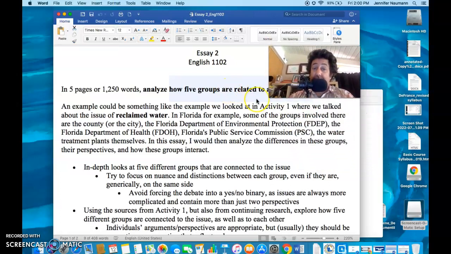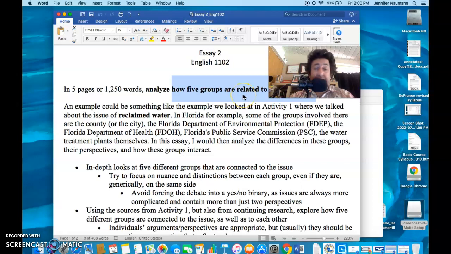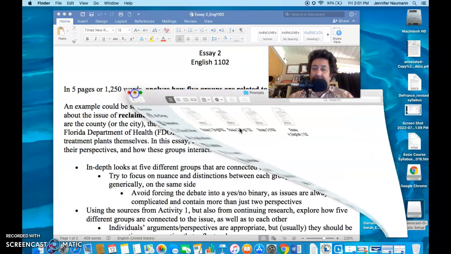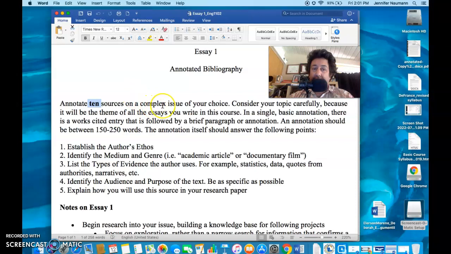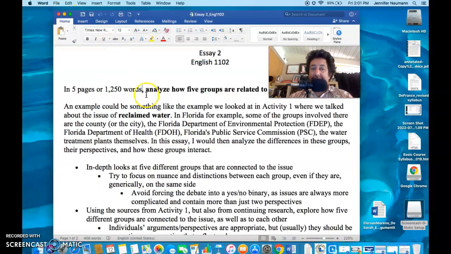As weird as it sounds, I would look at the essay 2 prompt, because you're basically setting up the course, right? You have to choose 10 sources on a complex topic of your choice. This is what you're going to be writing on throughout the whole course. I would take a look at the beginning of the prompt for essay 2 and see what I did there.